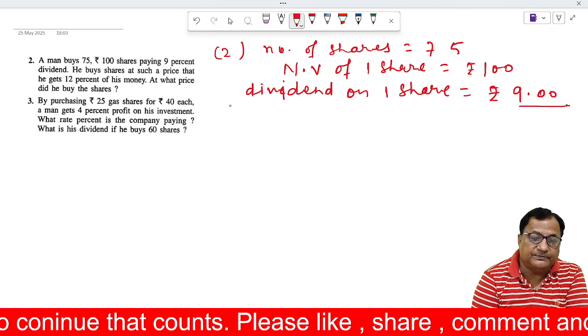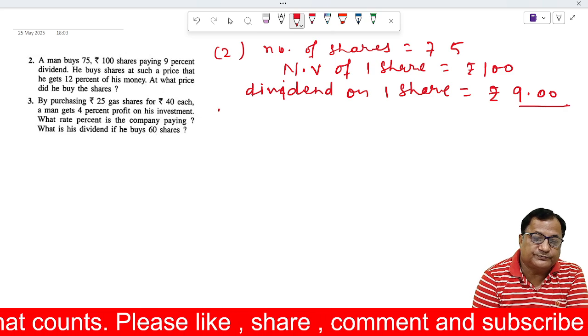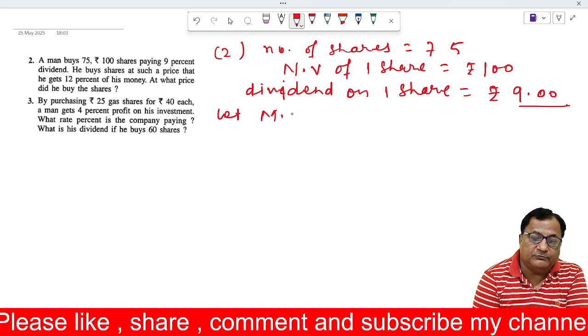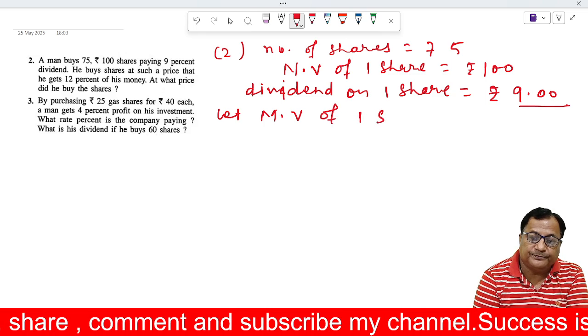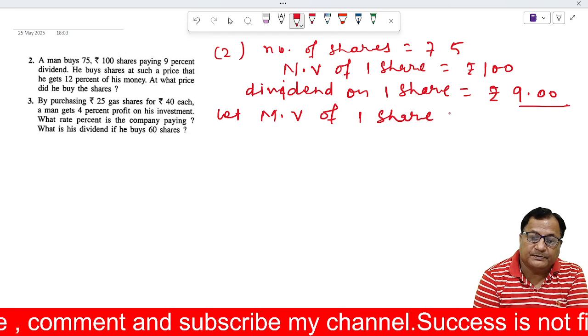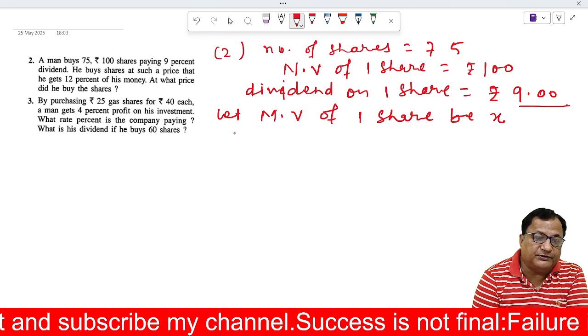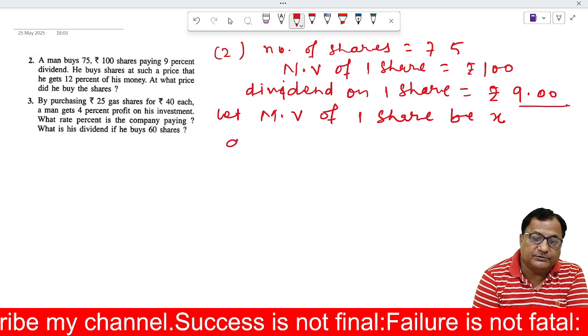So let the market value of one share be X. So 12% we will get means dividend.